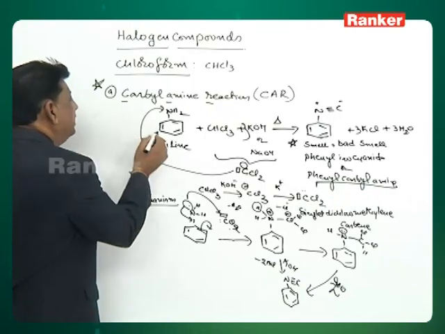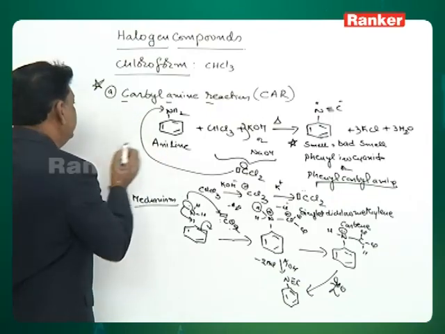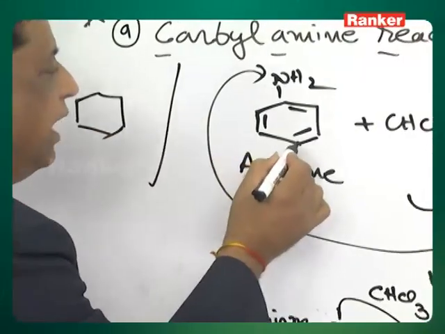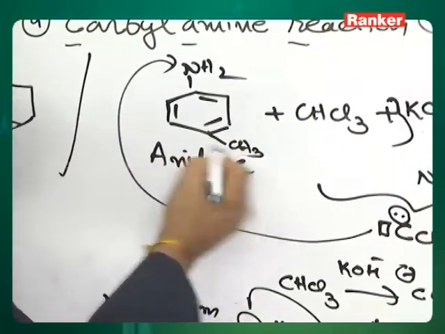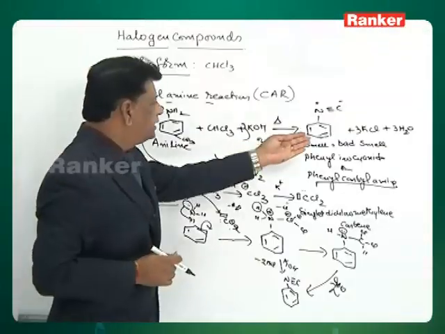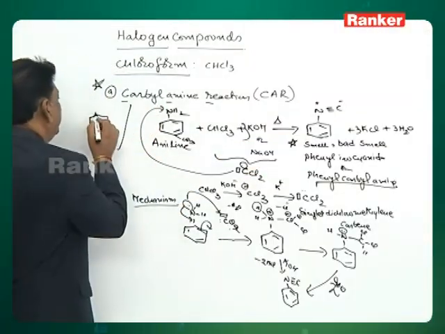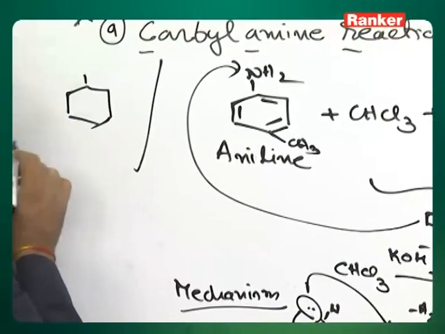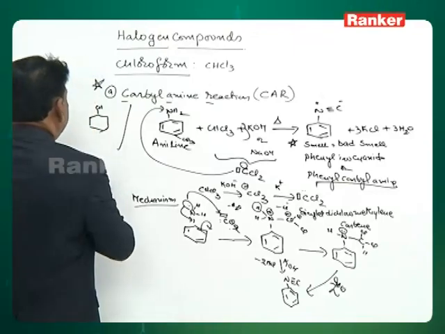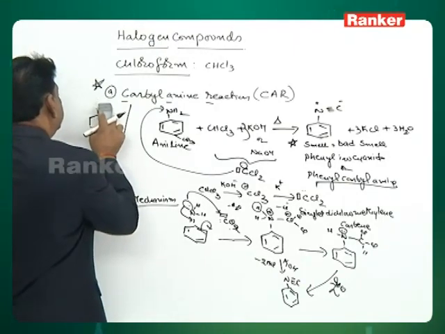For example, if somebody is having aniline and its isomer, in the aniline we have, let us say, a methyl here, okay. This compound will give the phenyl, this methyl will be extra, but its isomer, that is, isomer means a CH with an amino group on that methyl.